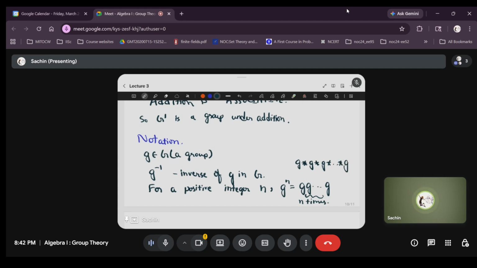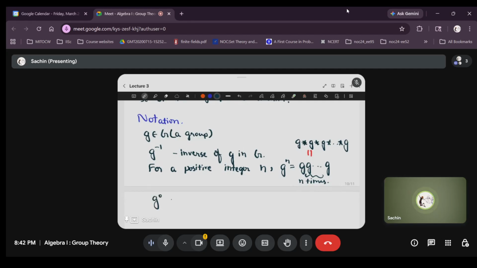Sometimes this operation is denoted by the multiplication symbol, and when it is multiplication, we usually ignore the star and write it this way. So g power n, if n is positive, is just g multiplied n times.